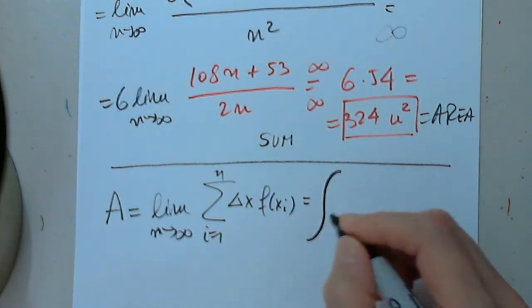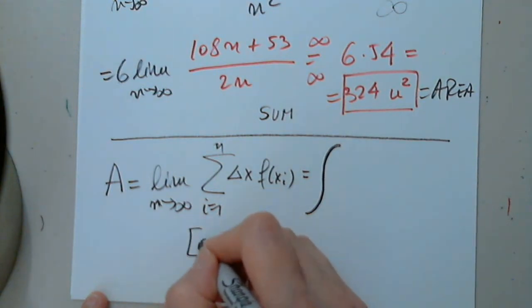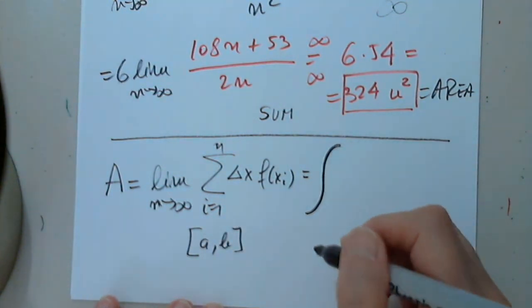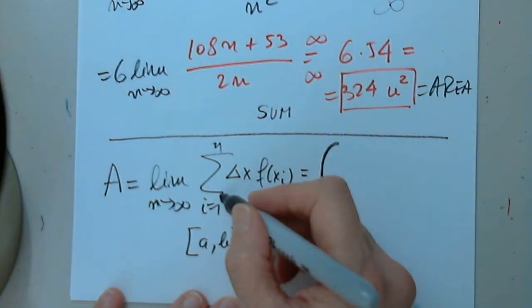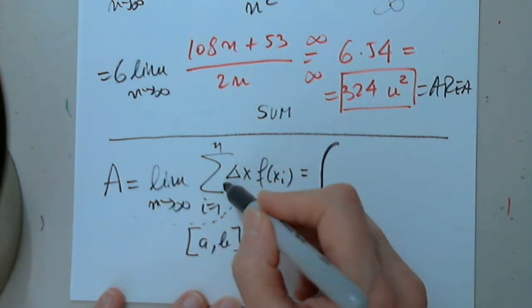A very stretched s. Remember the interval that we chose was a comma b. And then I'm going to use that word in a minute. So it's a stretched s, which means the same thing.